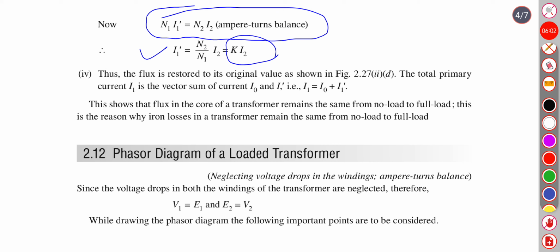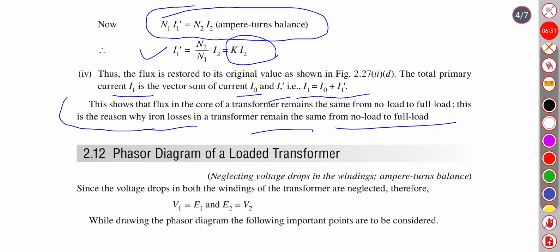The total primary current I1 is the vector sum of I0 and I1 dash. So I1 equals I0 plus I1 dash. This shows that the flux in the core of a transformer remains the same from no load to full load. This is the reason why iron losses in a transformer remain the same from no load to full load. This is an important statement, because iron loss does not vary with respect to the load.